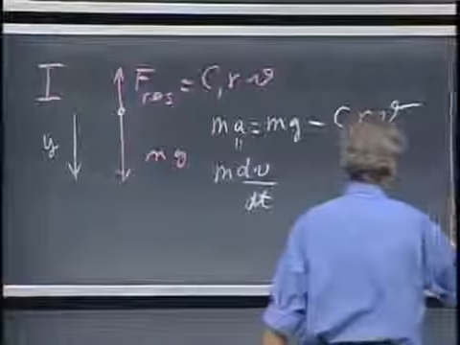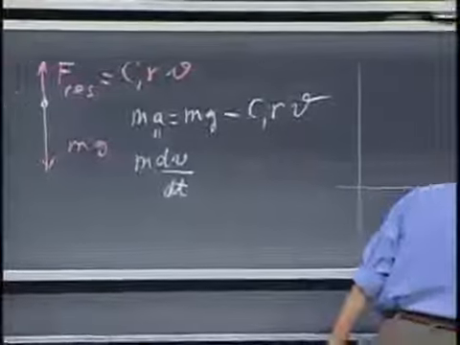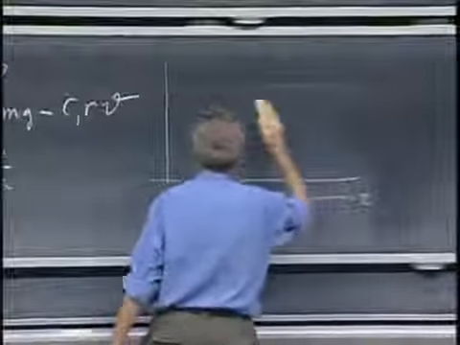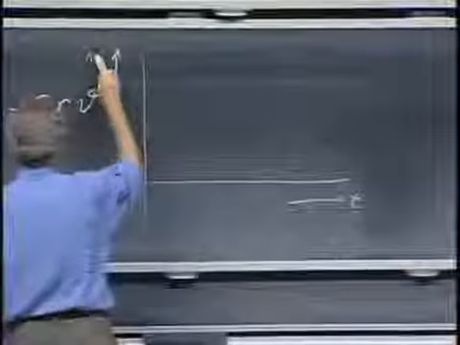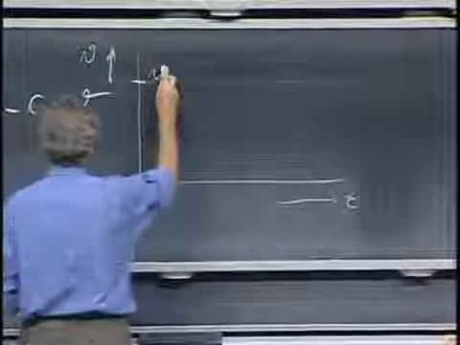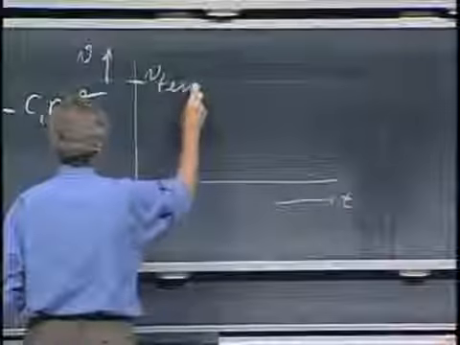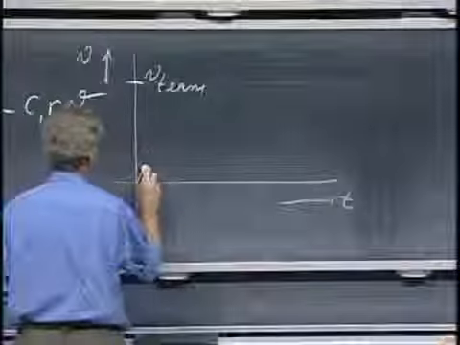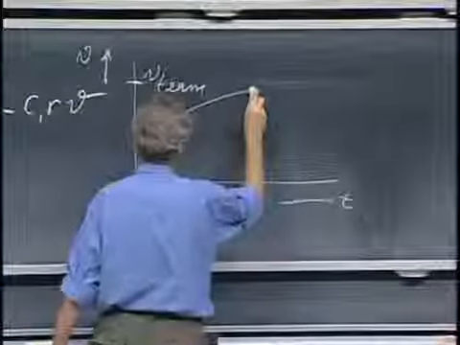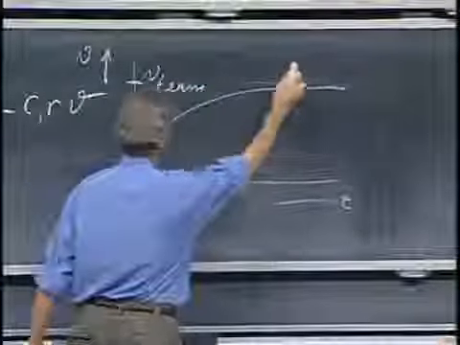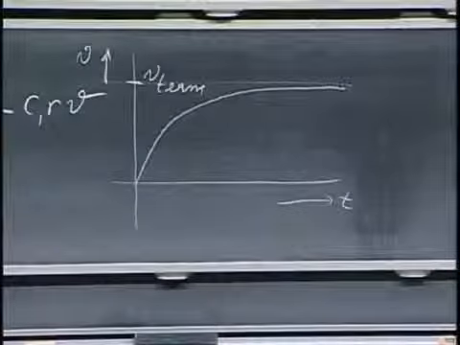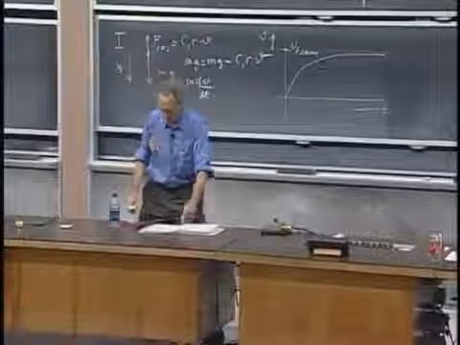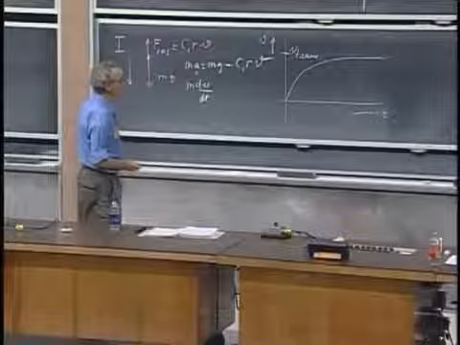What you're going to see is that the speed as a function of time is going to build up to a maximum value, which is the terminal velocity, or you may want to call it terminal speed, and it's going to build up in some fashion, and then it's going to asymptotically approach the terminal speed. And this is what I'm asking you on your fourth assignment to calculate.